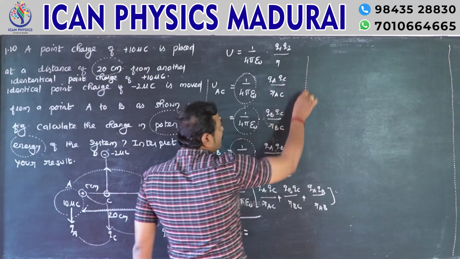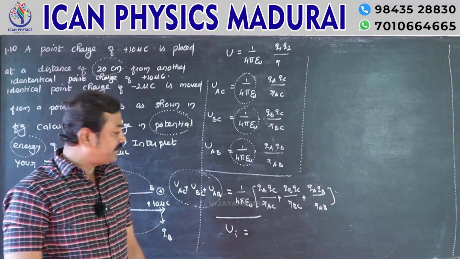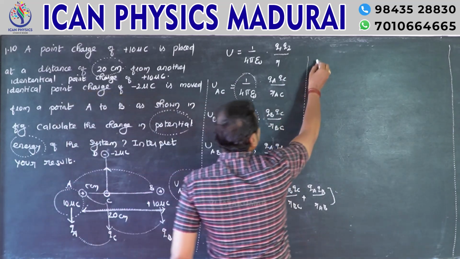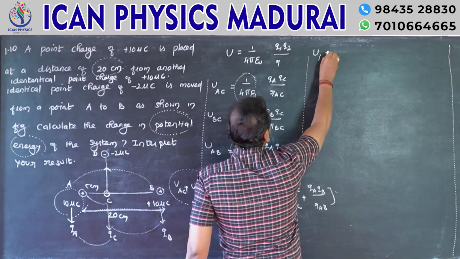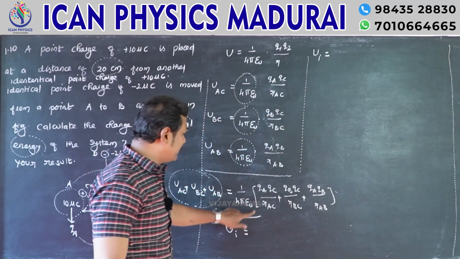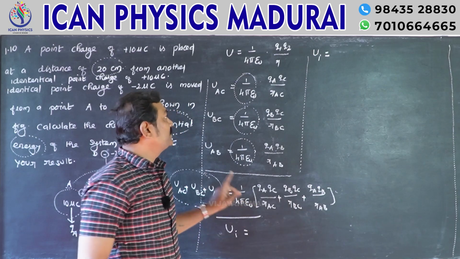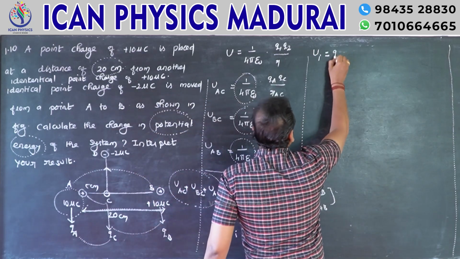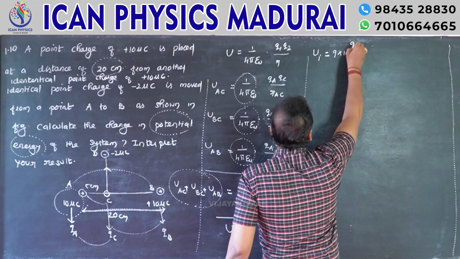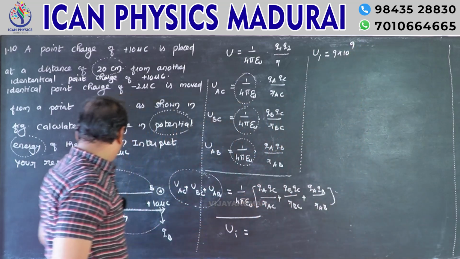Now we are going to substitute the value. So initial electrostatic potential energy equal to 1 by 4 pi epsilon 0, that is 9 into 10 to the power 9, times QA.